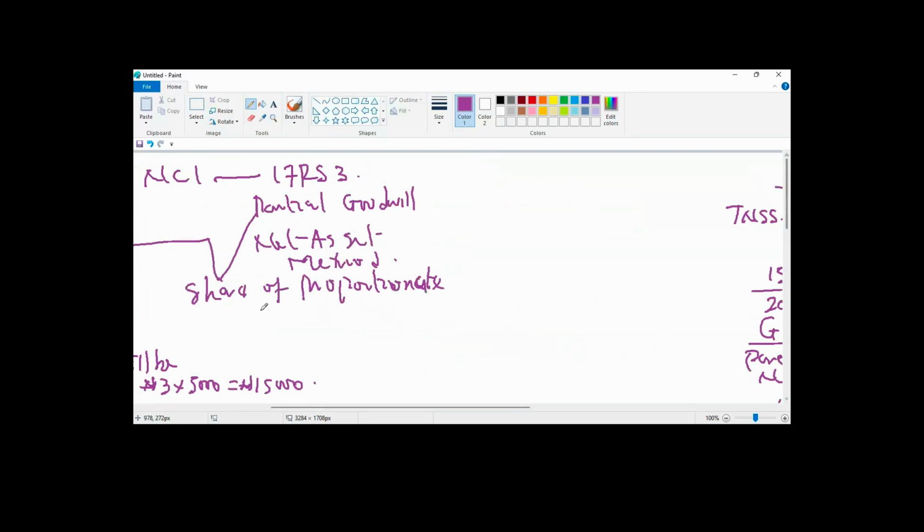There are only two ways you can do it with share proportionate: one, when the question is silent; two, company policy. These are the two ways to know it is share proportionate.